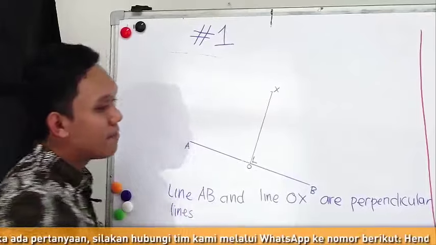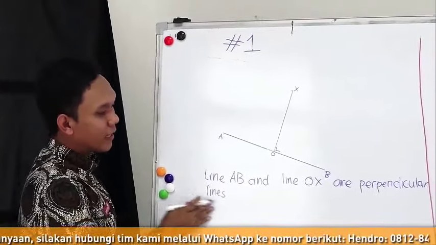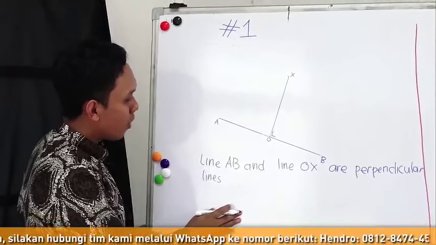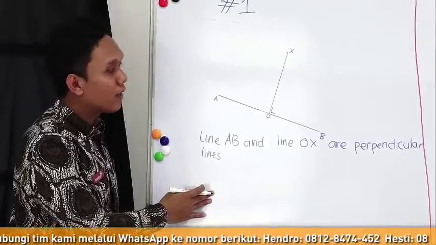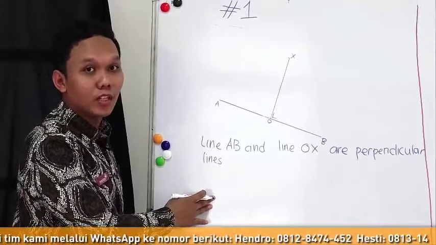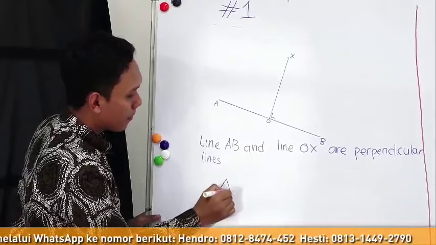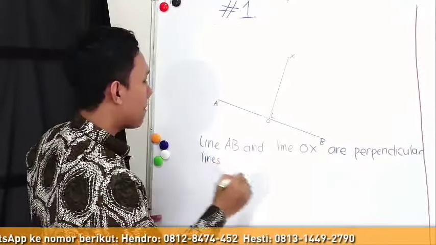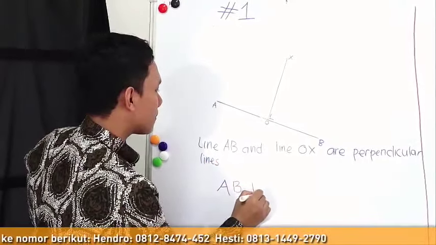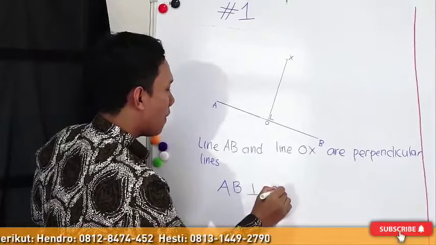And in mathematics lessons, you can shorten this statement using a symbol. Now let me introduce you how to write the symbol for perpendicular lines. Line AB is perpendicular to line OX.